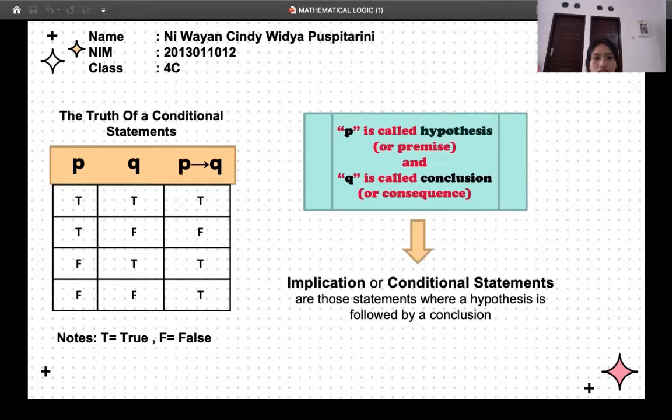In this slide, P is called hypothesis or the premise, and Q is called conclusion or consequence. Implication or conditional statement are those statements where a hypothesis is followed by a conclusion.